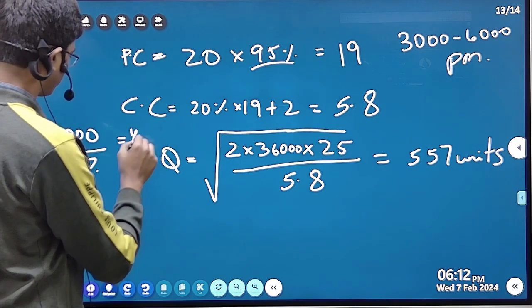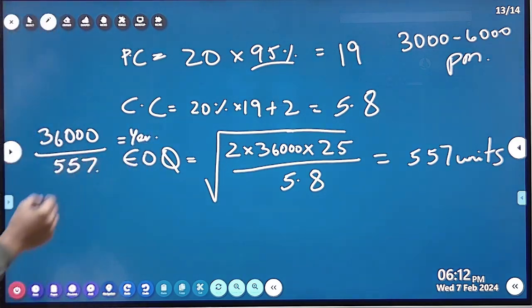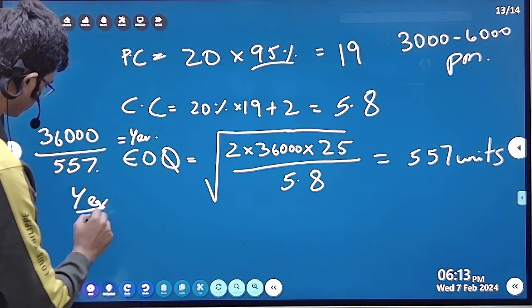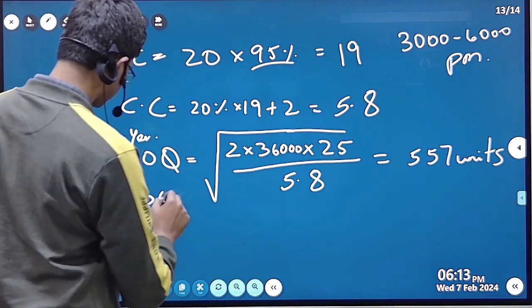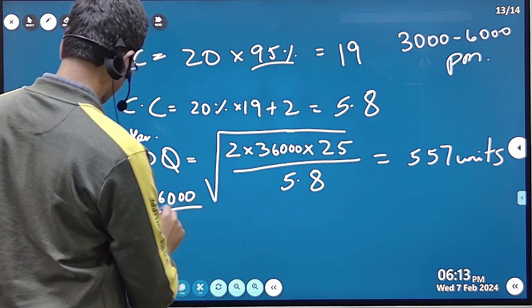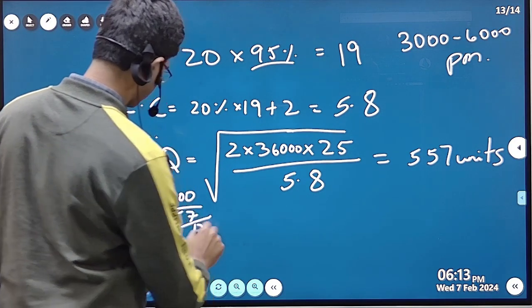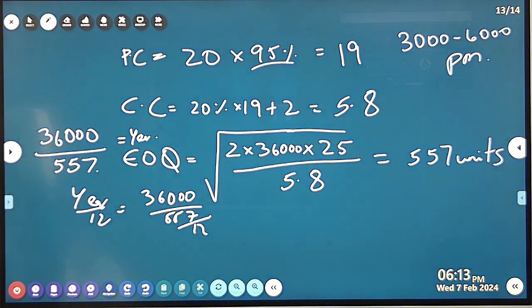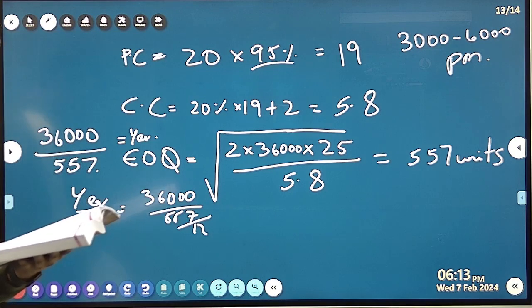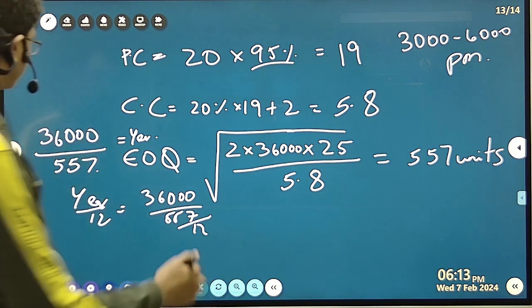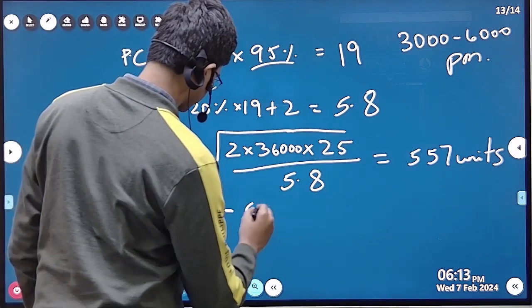Now per month this will be year by 12, correct? So that will be 36,000 divided by 557 by 12, correct? So that is how many orders? 5.38. So this is 6 orders.